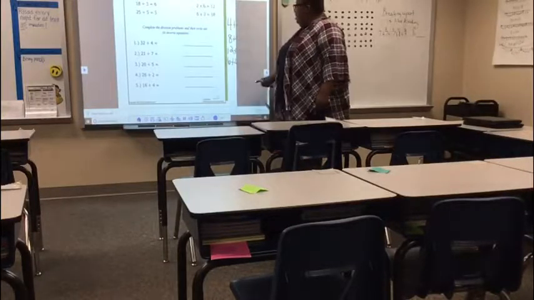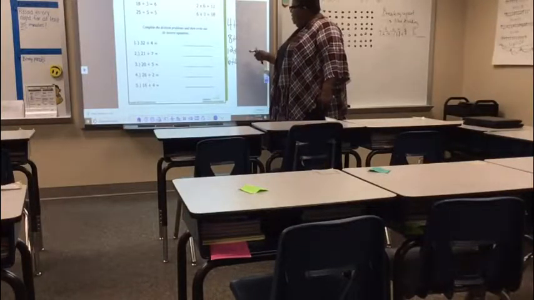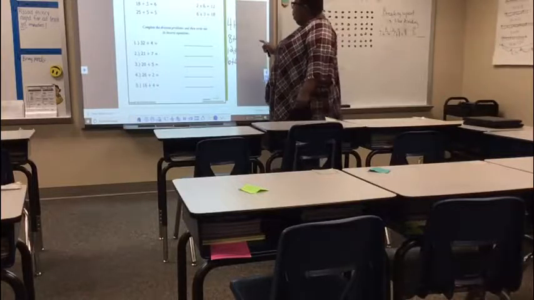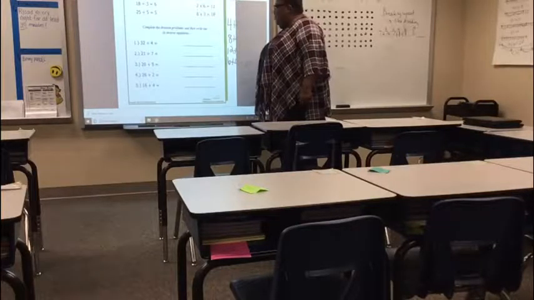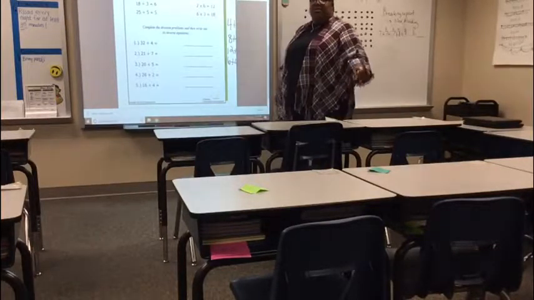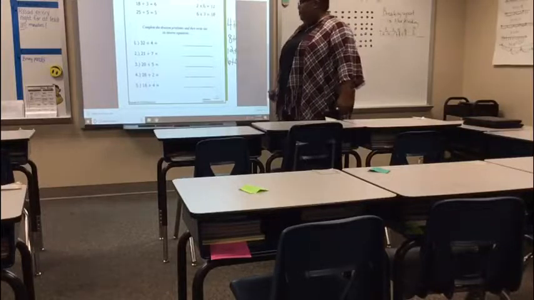But also you must always remember that when you're doing it that way, that you count the 4s up. So you count 1, 2, 3, 4, 5, and keep going until you get to the number that you stopped at.